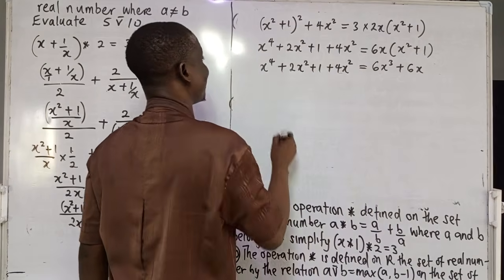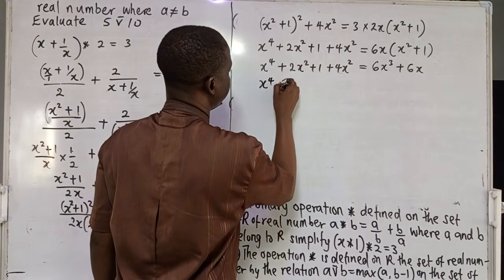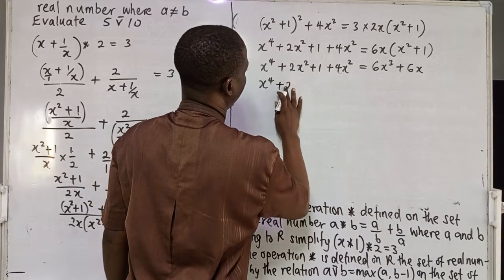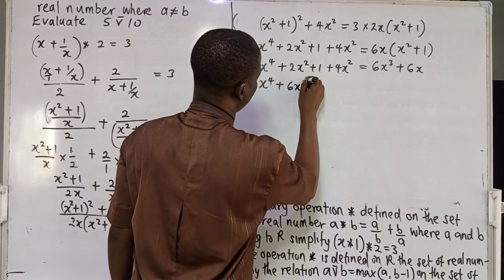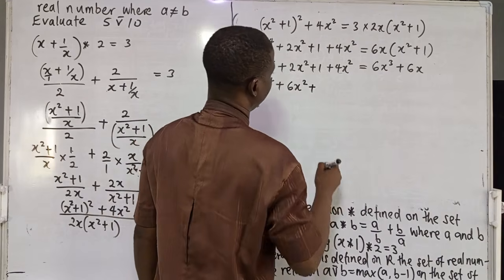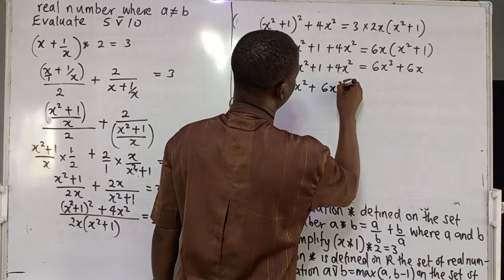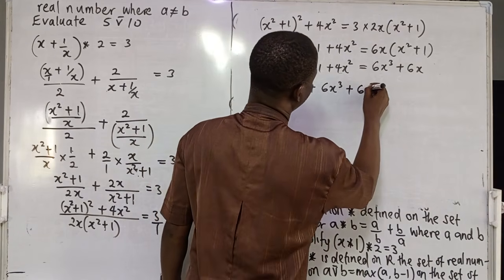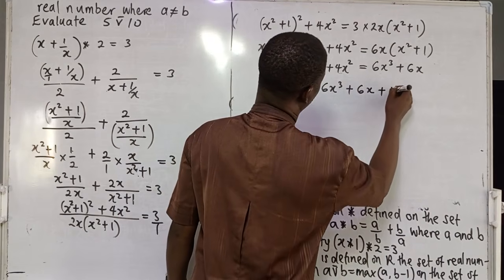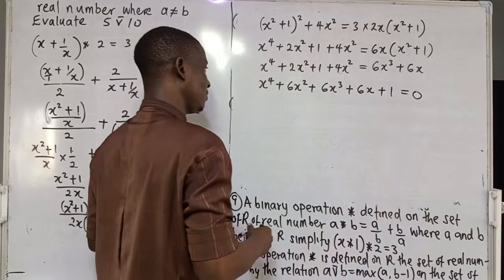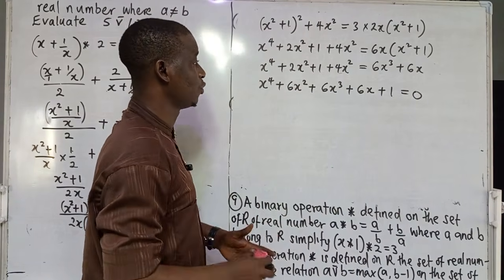So collecting like terms, I would have X to the 4 plus 6X squared plus 6X cubed plus 6X plus 1 equal to 7. That's what I want to have. Please take note of that.